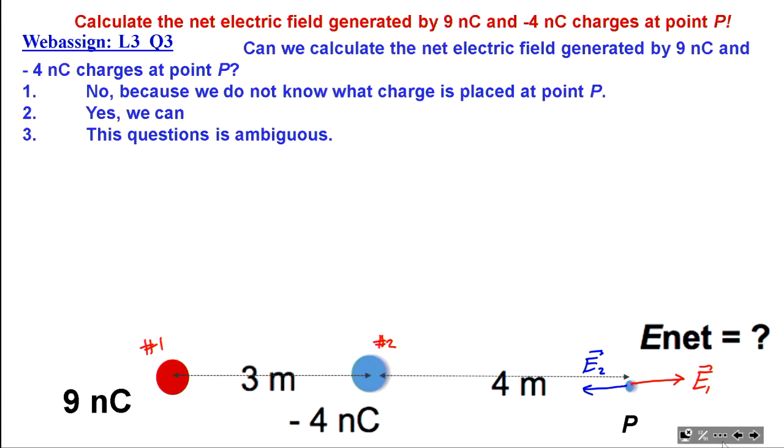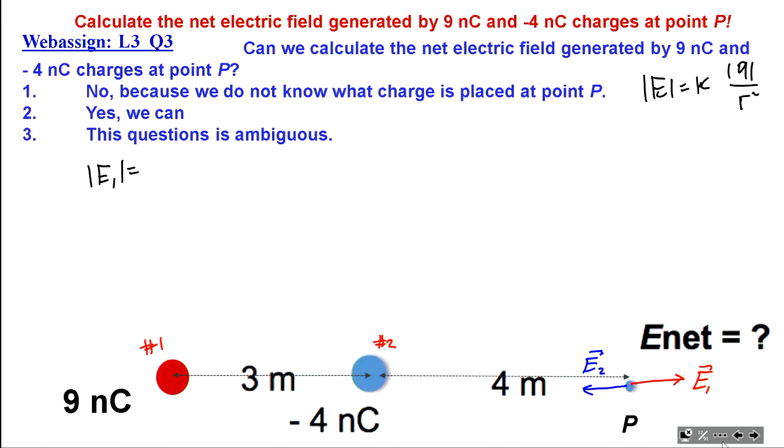So we can calculate the magnitude of the first electric field. We use exactly the same equation for the magnitude of electric field of a point charge for both fields, but we use it twice.